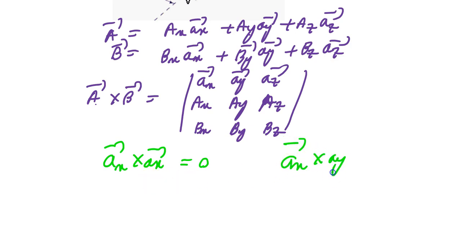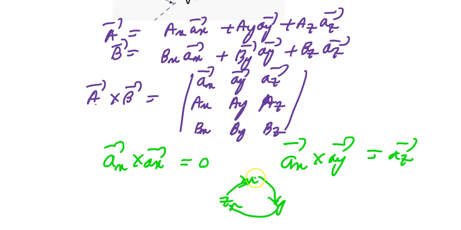And AX into AY will give you the AZ. How do you determine this? You determine with the help of the right hand. So X, Y, Z, just write it X, Y, Z. That means X cross Y gives you Z, Y cross Z, I mean AY cross AZ, gives you AX, then AZ cross AX will give you the AY.